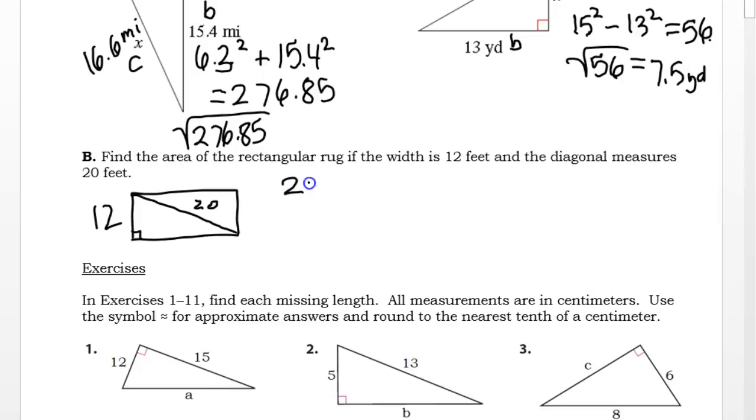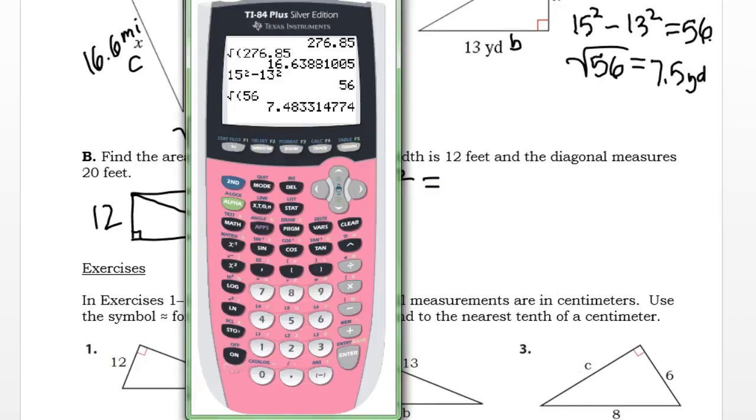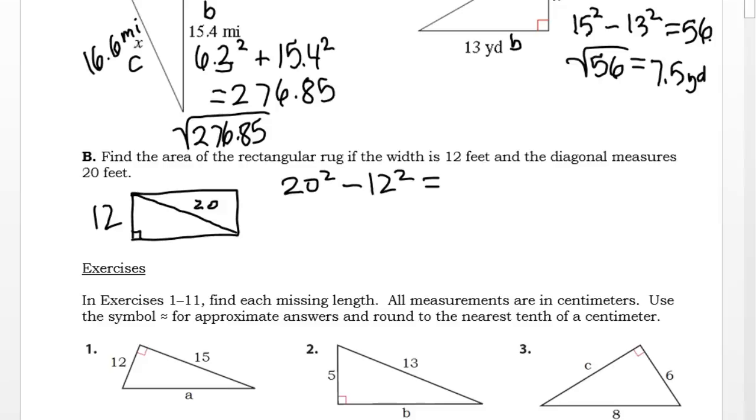So if I'm trying to find a leg, I'm going to subtract to get a smaller answer. We're doing 20 squared minus 12 squared. And that is 256. And then I need to square root 256. And that is 16.